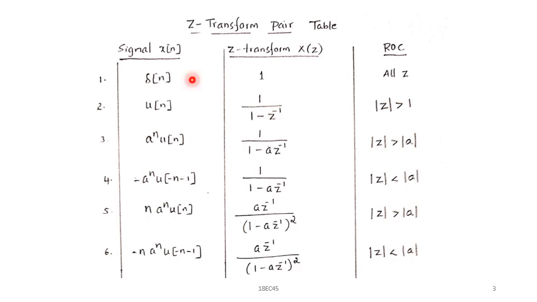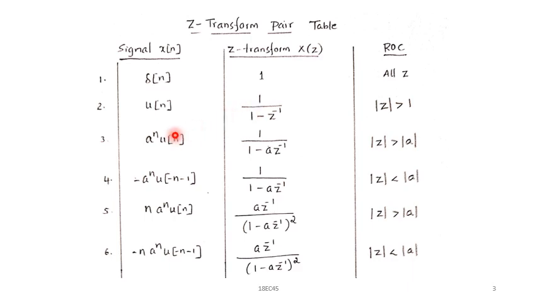Now we know that the Z transform of delta of n is 1, and its ROC is all the values of z. One more standard signal is the unit step function. Its Z transform is given by 1 by 1 minus z inverse, and the ROC is the absolute value of z greater than 1.